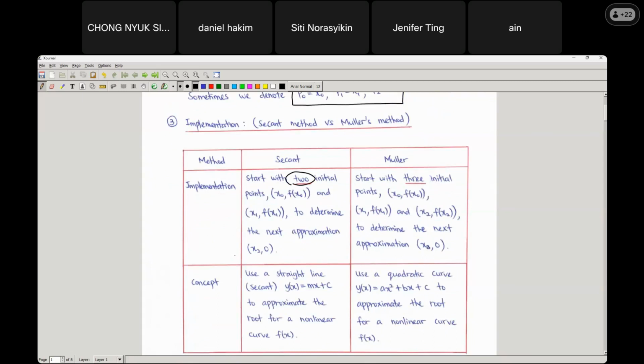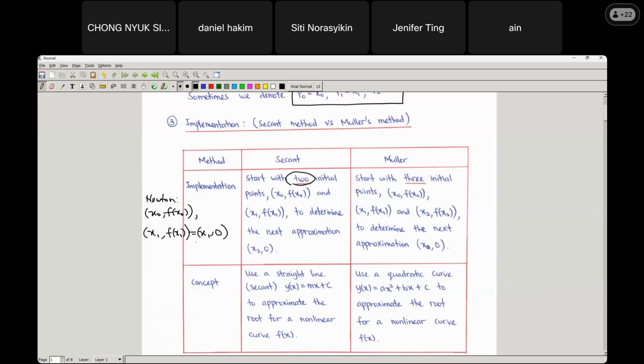For Newton's method, we also need two points: one is x0 with f(x0), and the other is x1 with f(x1), but our f(x1) is 0.